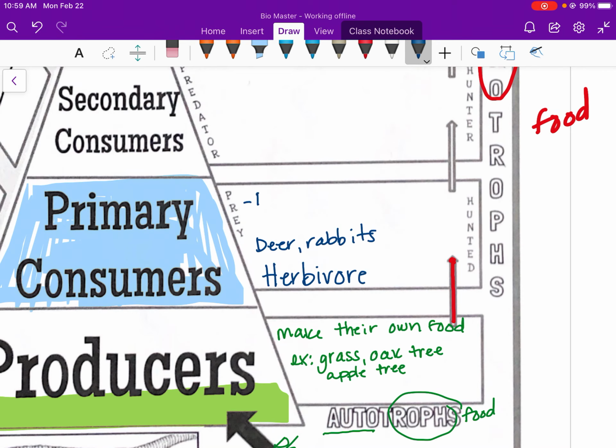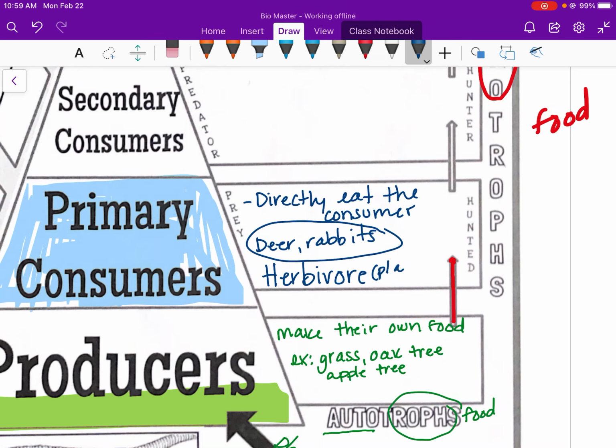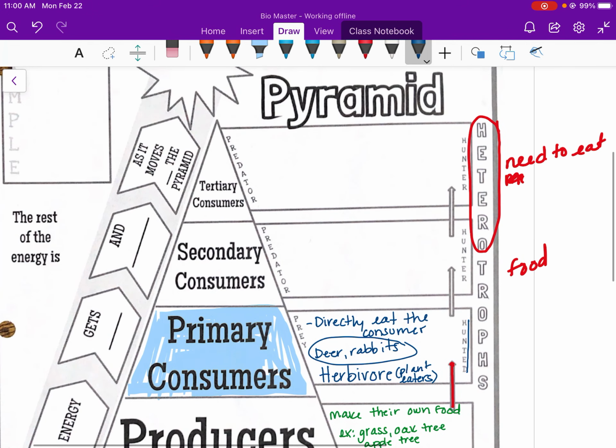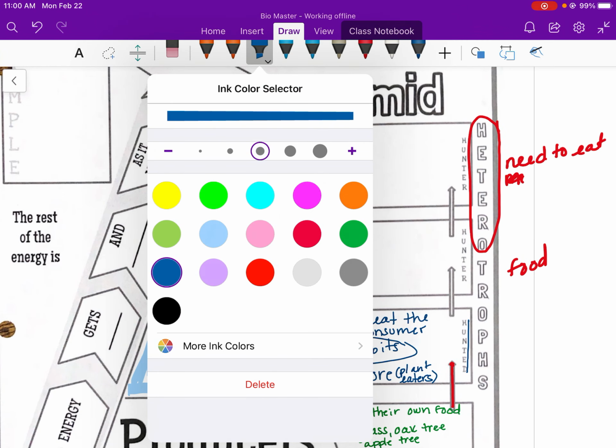And these guys directly eat the producer. So we have deer and rabbits. We have herbivores, which are plant eaters. Now, I call these guys the hunted, to remind you that they're often lower on the food chain, prey animals. Now we move up to the secondary consumers.